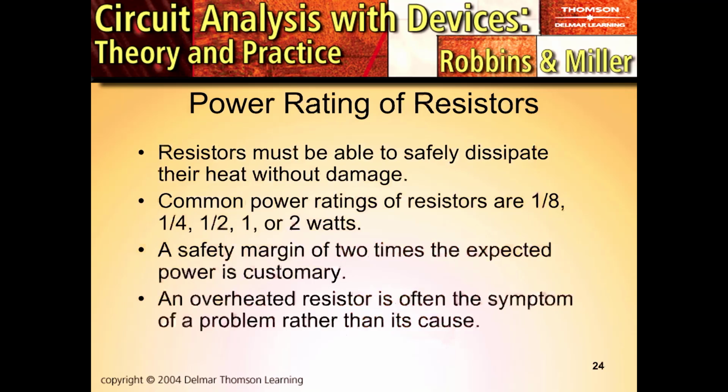So common power ratings are what's shown here. Let's say you had a 1/8 of a watt maximum power rating of a resistor. If you were to calculate that its power dissipation was more than 1/8 of a watt, you would expect it to be damaged.